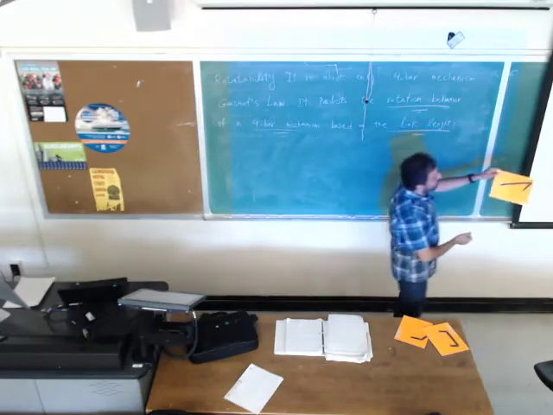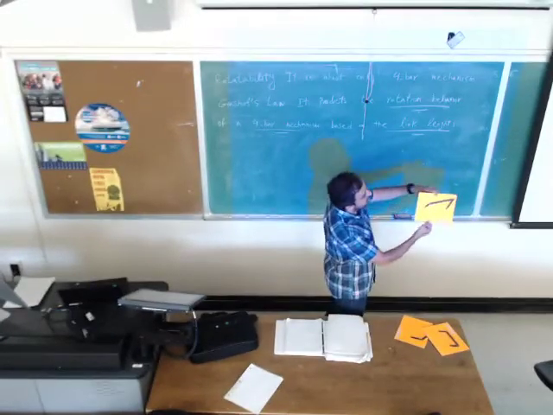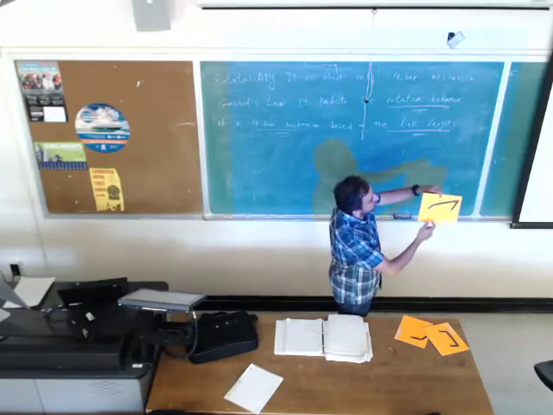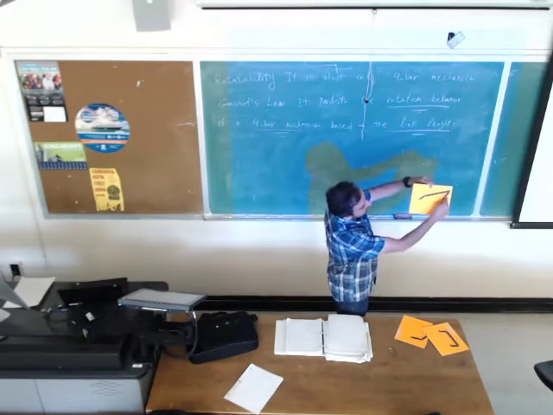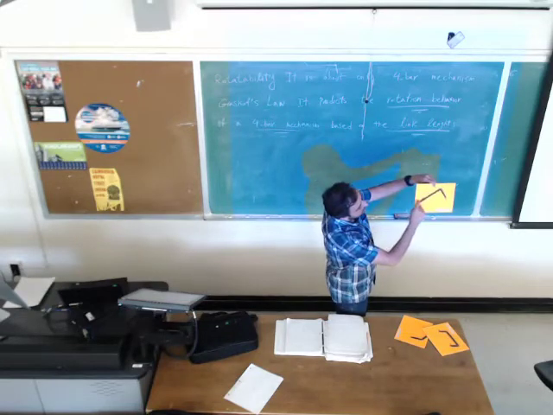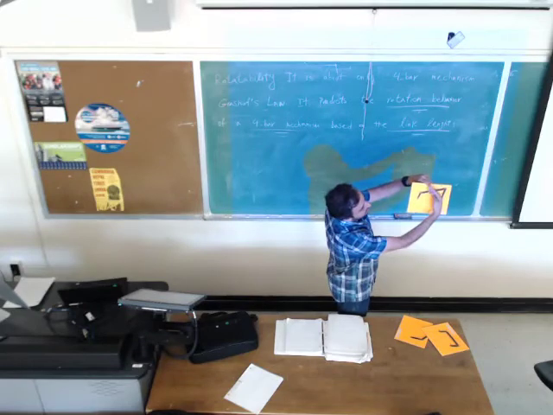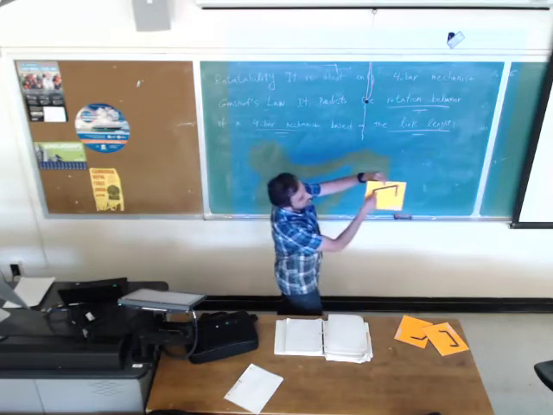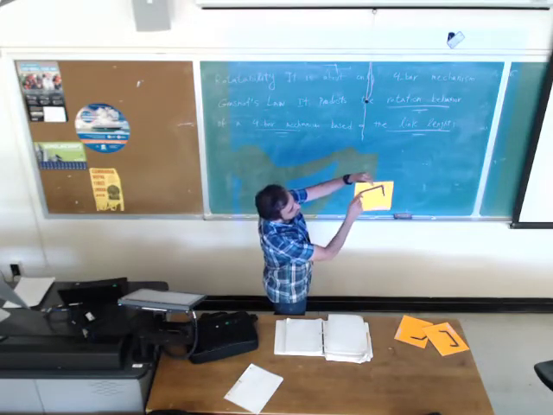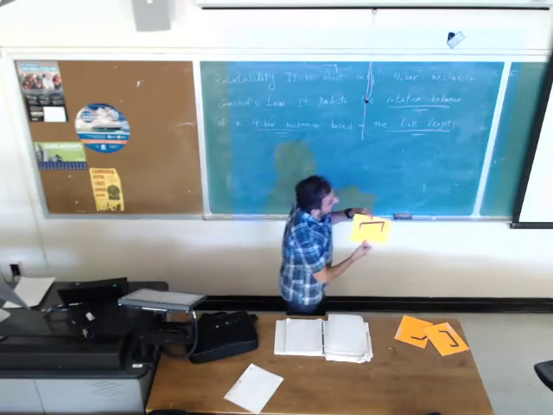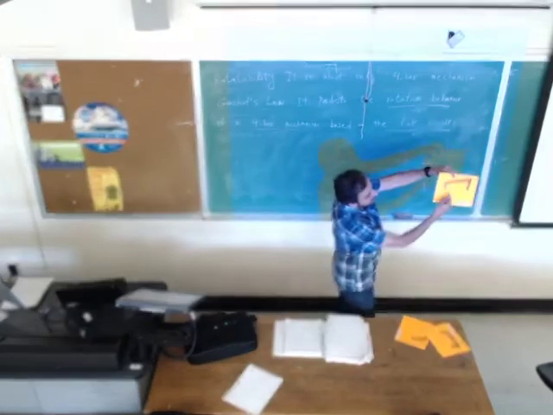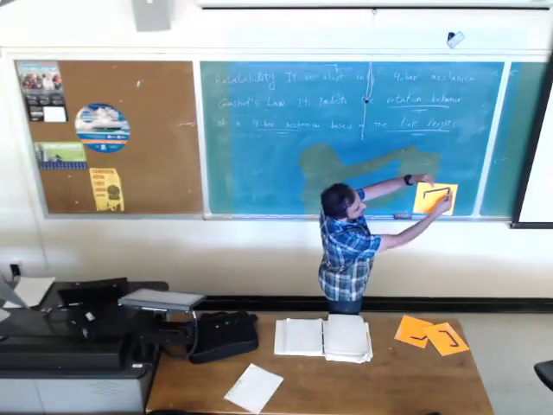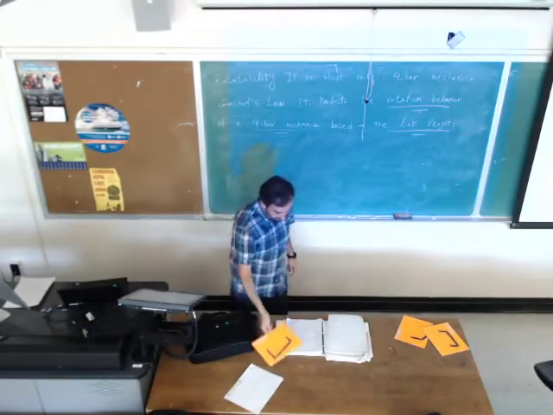Rocker is any link which cannot complete 360 and is going to oscillate back and forth between two extreme positions. So we call it a rocker. We call this mechanism crank-rocker because it has one link as a crank and one link as a rocker.